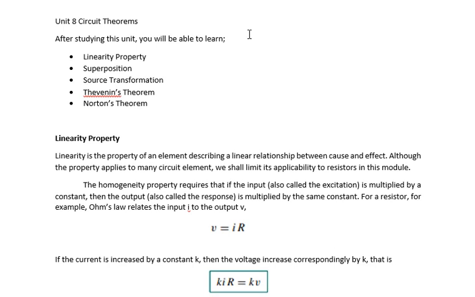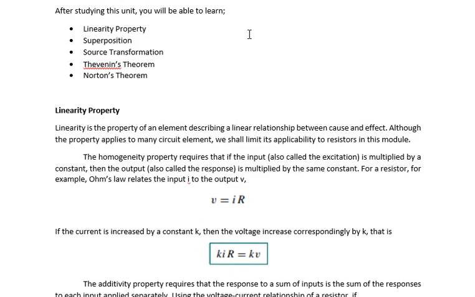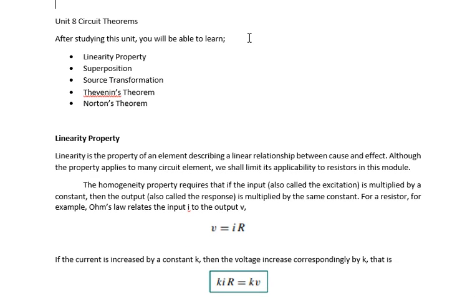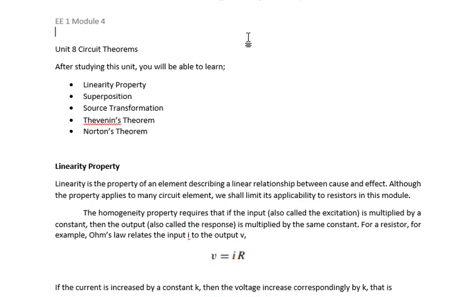So this is more on properties of a circuit, where we consider those properties and at the same time use them in order to further simplify the complexity of the circuit. That is our concern here. So, to simplify and concisely evaluate a circuit, we have to study the linearity property, the superposition, the source transformation, and Thevenin's theorem and Norton's theorem.